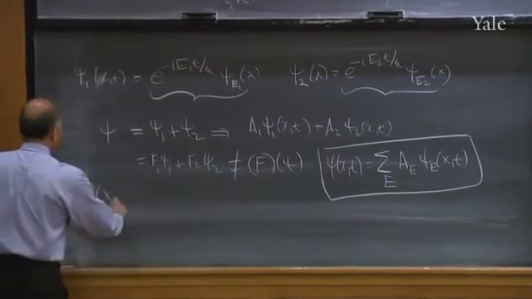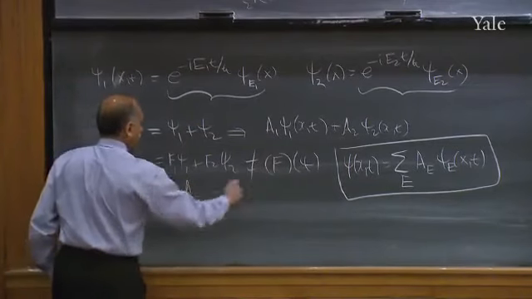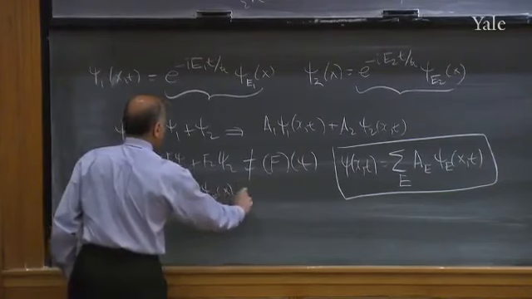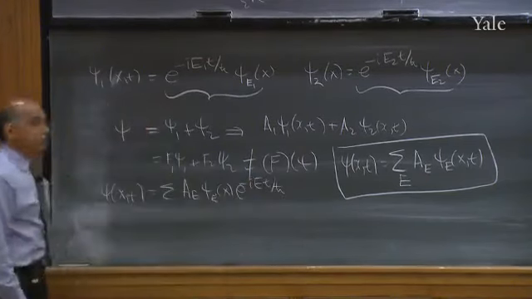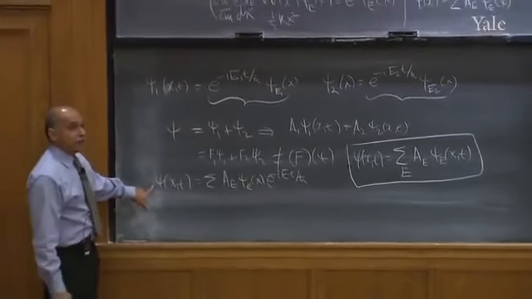Psi of x and t looks like a sub e. I'm going to write this more explicitly as psi sub e of x e to the minus i e t over h bar. Look at this function now at t equal to 0.